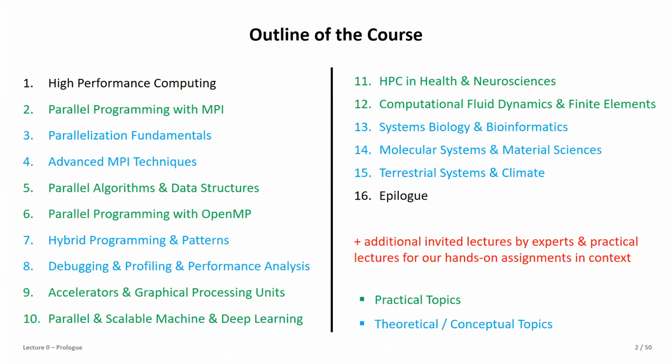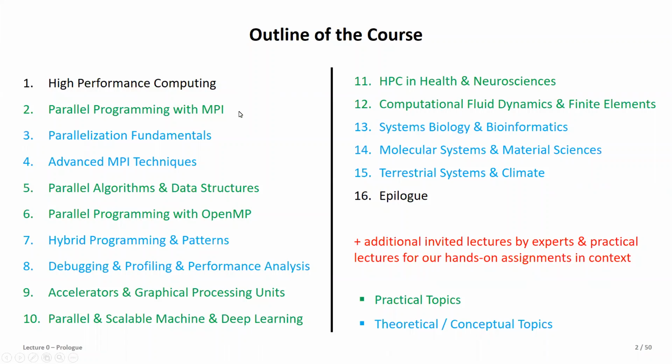You see the outline of the course is very interesting, having 16 lectures covering practical topics, but also theoretical and conceptual topics. We will start with high performance computing to really understand what it is, the basics of it, and what important projects there are.